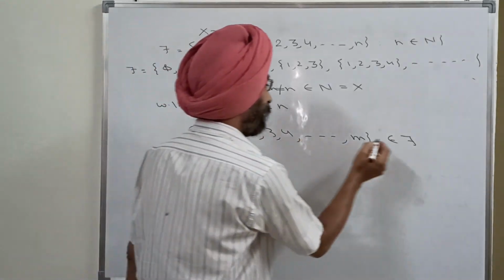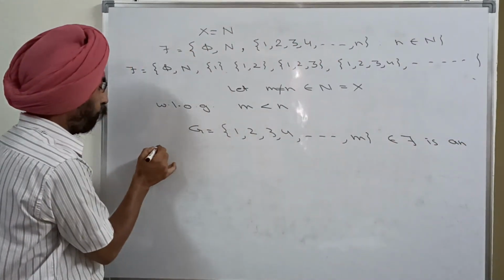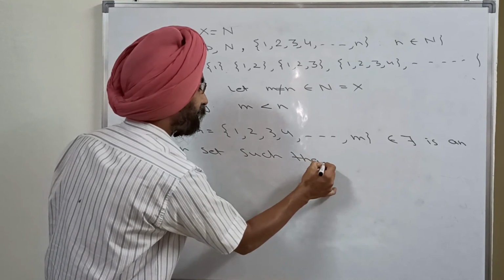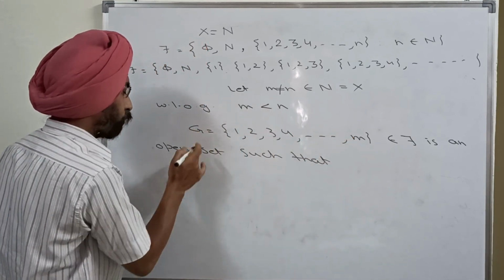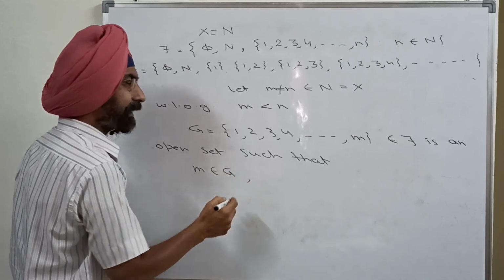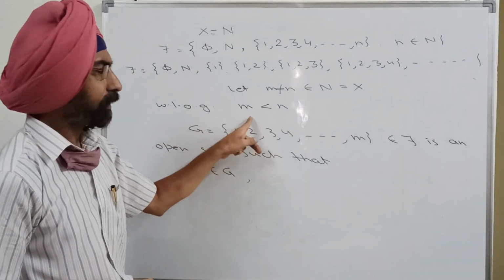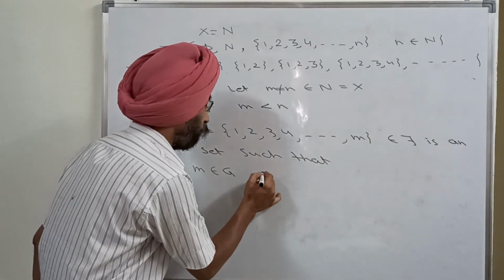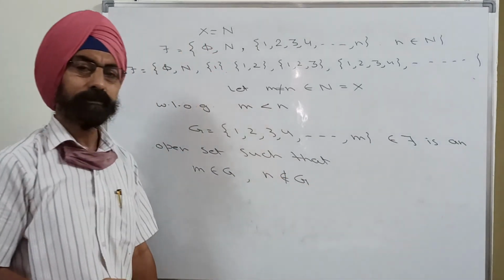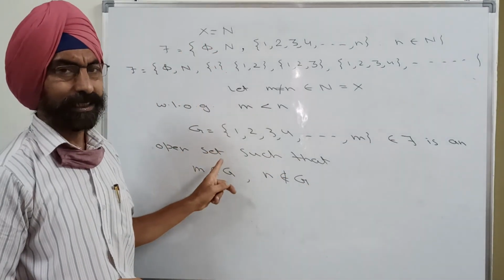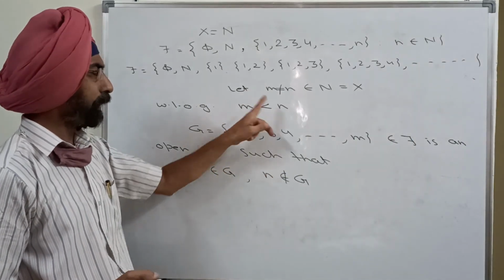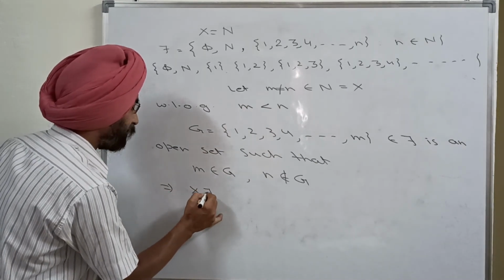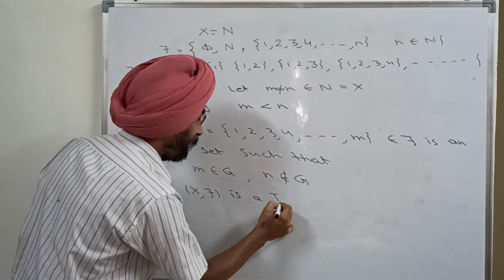So G is an open set such that m belongs to G, and n is greater than m, and no natural number greater than m is a member of G, so n is also not a member of G. So you are able to find an open set G which contains one of the two elements m and n and does not contain the other, and this makes the space (X, tau) a T0 space.